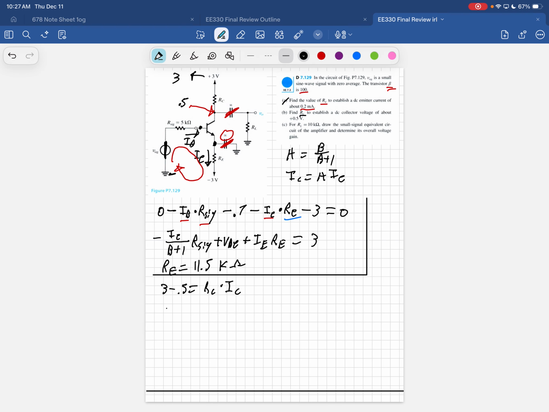So plugging that in, we get 2.5 equals RC times beta over beta plus 1 times IE. And then taking that, you get 2.5 divided by 100 divided by 101 times 0.2 times 10 to the power of negative 3 equals RC.